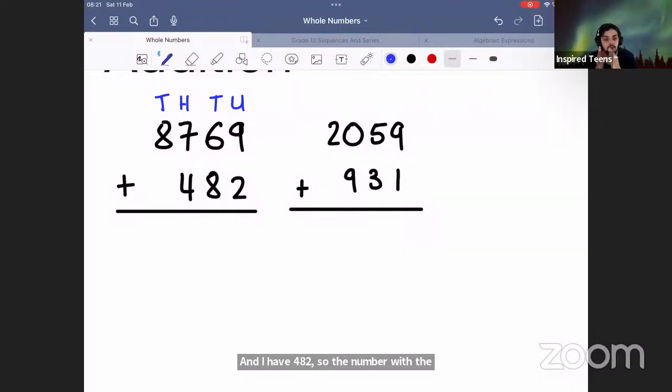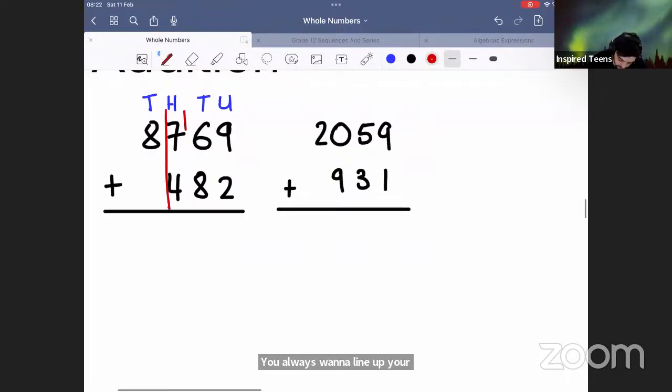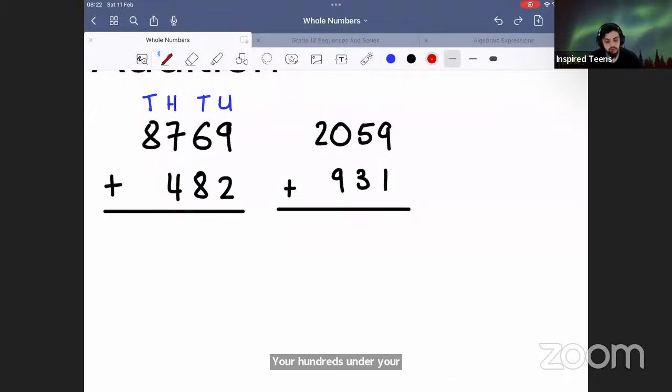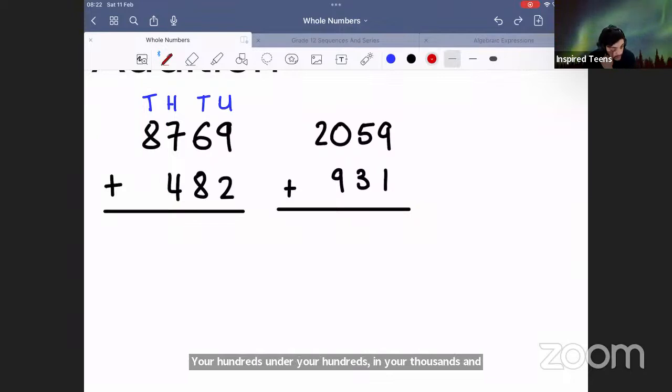But irrespective of which numbers you're adding, how big or how small the two numbers are, how different they are, you always want to line up your units under your units, your tens under your tens, your hundreds under your hundreds, and your thousands under your thousands. Of course, 482 doesn't have any thousands, so it just remains blank.